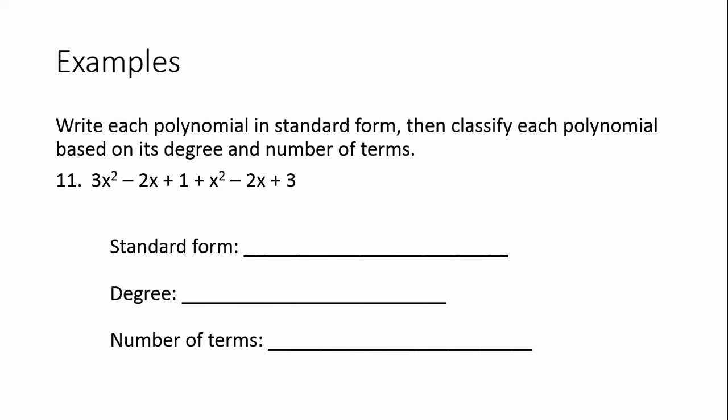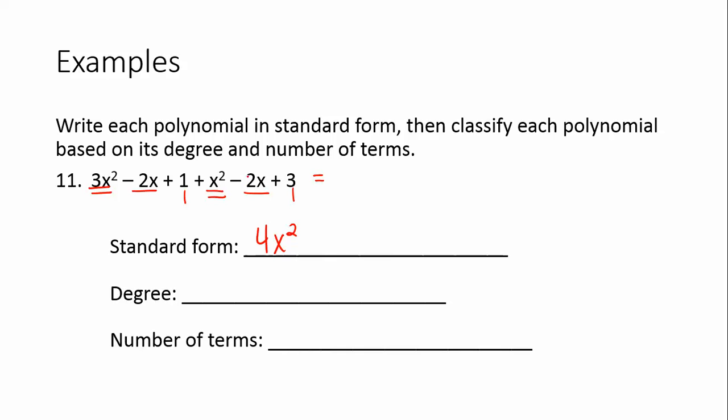Okay, here's one that's a little messy. We have 3x squared minus 2x plus 1 plus x squared minus 2x plus 3. Before you can put something in standard form, you need to combine all of the like terms. We have several like terms here. We have the x squareds, we have x's, and then we have the constants. So however you want to go about rearranging those, 3x squared plus x squared, and I like to do them in the order that I know I'm going to write them in standard form. I know the squareds will come first, so that's 4x squared.